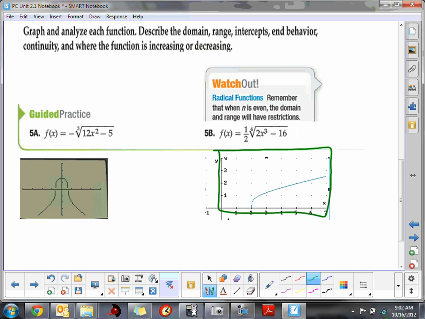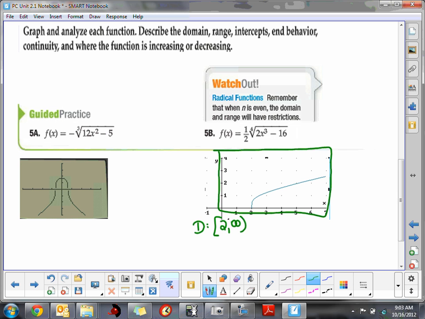Describe the domain. Our domain is definitely restricted. You can see by the graph that we can't put in any value that is less than 2. So our domain is going to be from 2, and because it includes 2, it's 2 to positive infinity.